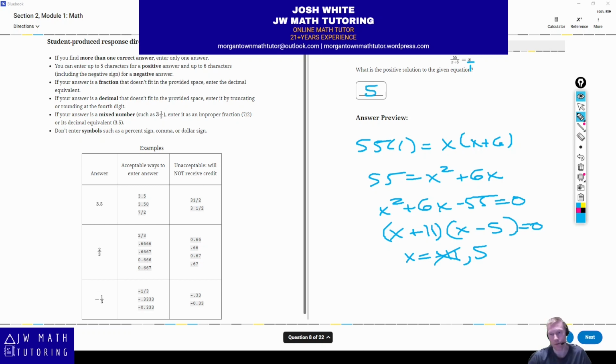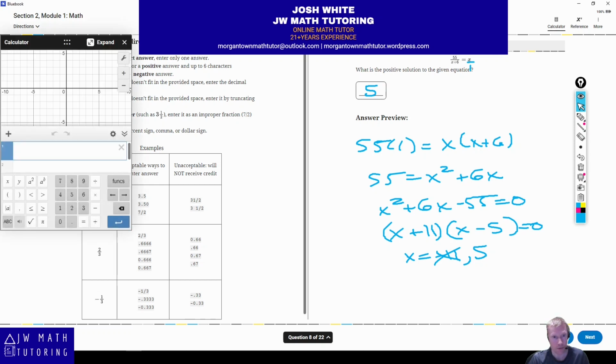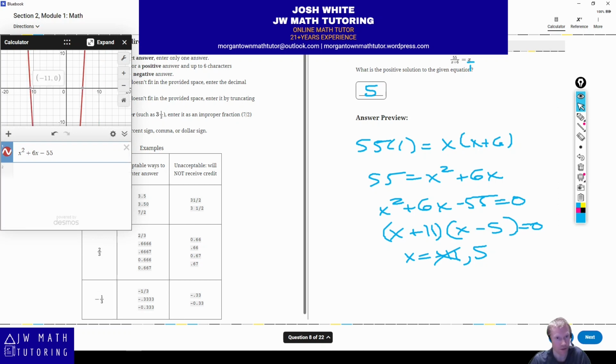However, here's an alternate way to solve this. Once you get to the point where you've got it equal to 0, just bring up the calculator and graph the function, and look for its x-intercepts. If we zoom out here, notice there are two x-intercepts.